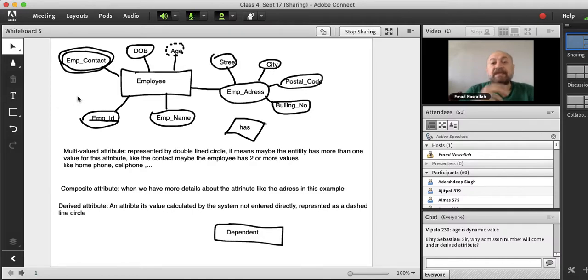Any value the system will generate could be derived, even if it's not changing.